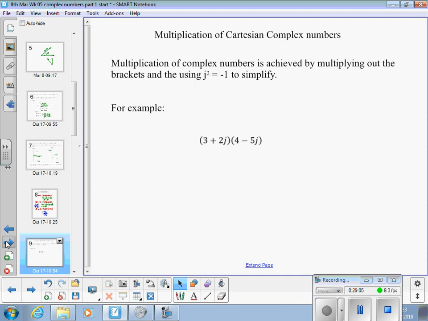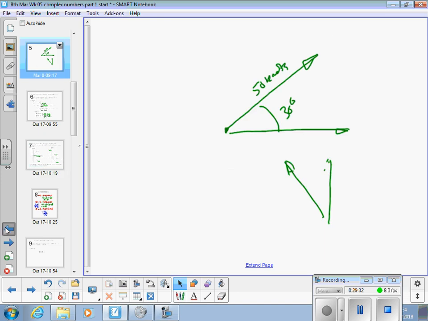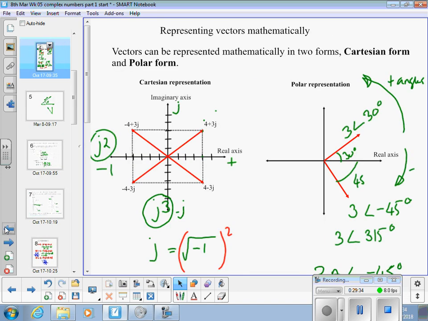Okay. Multiplication. Multiplication of Cartesian complex numbers is achieved by multiplying out the brackets and using the fact that, as we've already said, j squared is equal to minus 1.